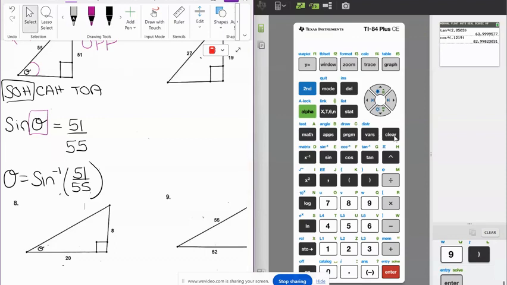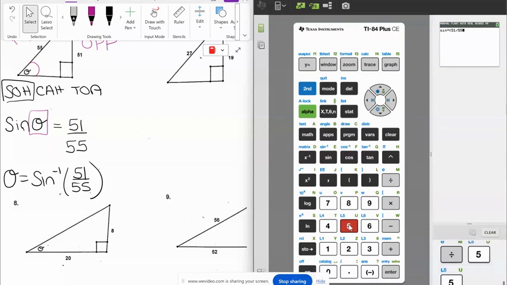All right, so go to your calculator. We need the inverse of sine. Who remembers how to get that -1? What do we have to press? Riley? Second, good. So I'm going to press second and then sine. That gives me the sine to the -1. Then we're going to type in that fraction. I'm not changing it to a decimal, then typing in the decimal. I'm going to type in the fraction. So type in 51, the division sign, then 55.